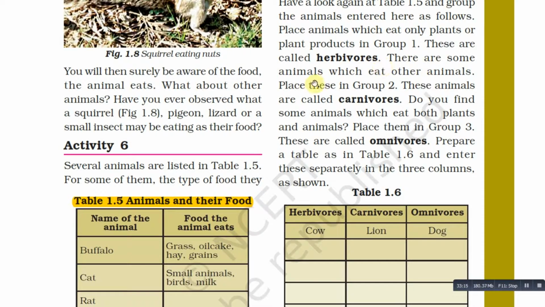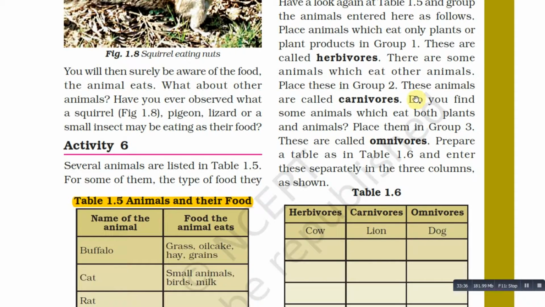There are some animals which eat other animals. Place these in group 2. These animals are called carnivores. Here comes carnivores, lion. The one who is eating other animals is called a carnivore.